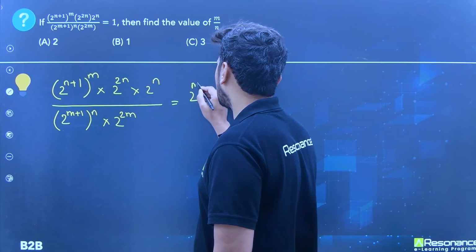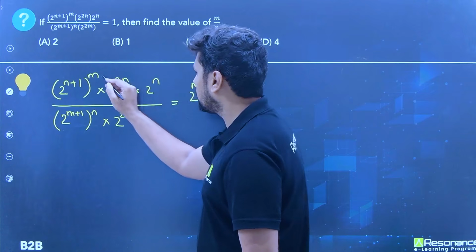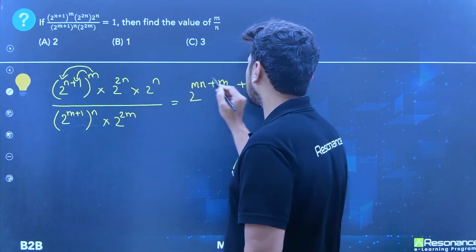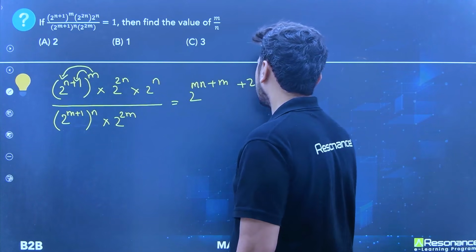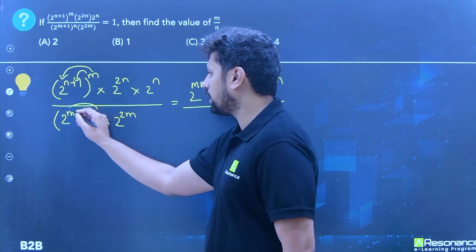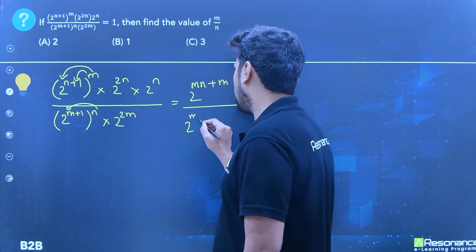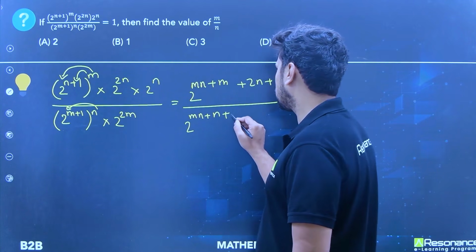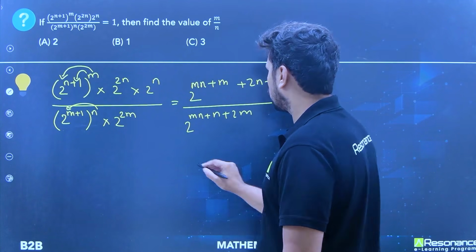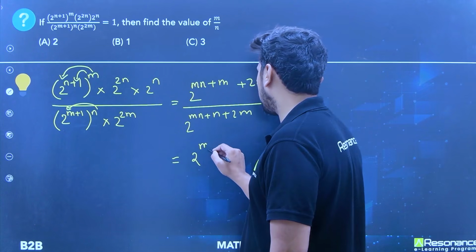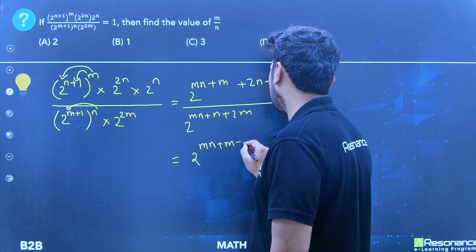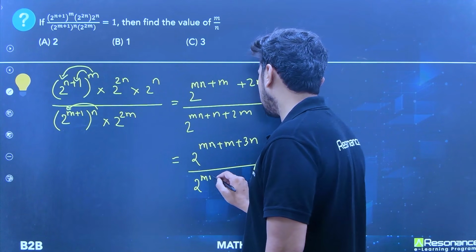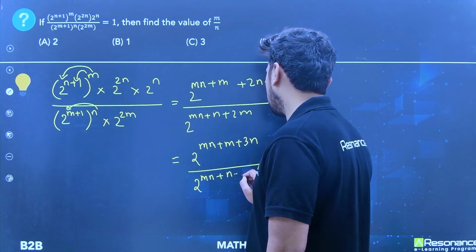So it will become 2 to the power mn plus m. M multiplied here, m multiplied here. Again 2n plus n will become 3n. In denominator again n will be multiplied here, mn plus n, okay, plus 2m. So in numerator it became 2 to the power mn plus m plus 3n upon 2 to the power mn plus n plus 2m.